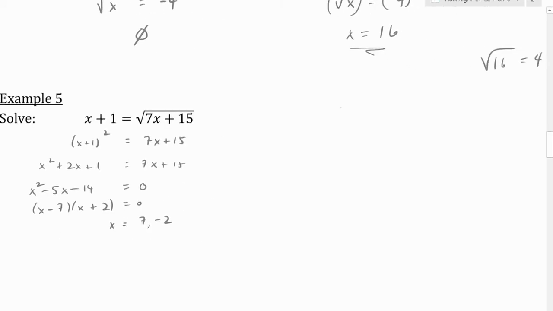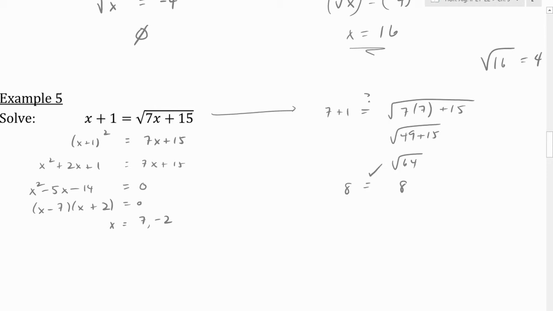Let's see. If I put a 7 in here, you always go back to the original problem. 7 plus 1, is that the principal square root of 7 times 7 plus 15? Okay, so let's see. This will be the square root of 49 plus 15. That's the square root of 64. Principal square root of 64 is 8. Okay, so 7 works.